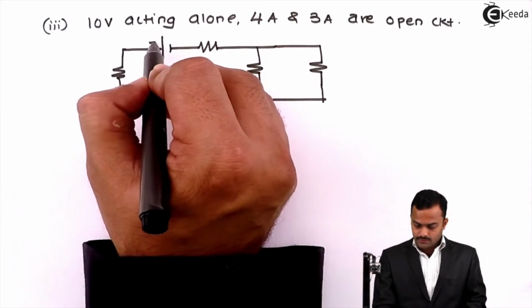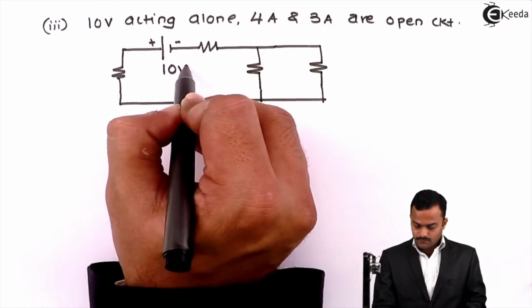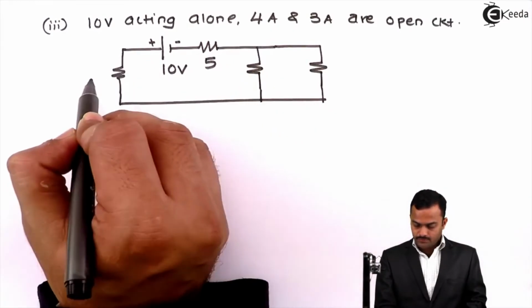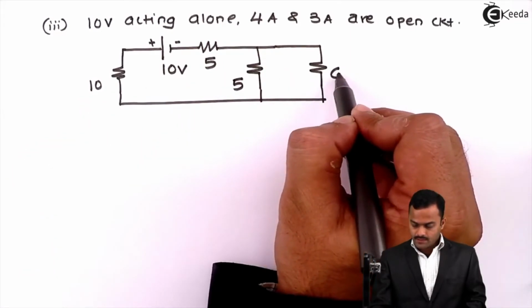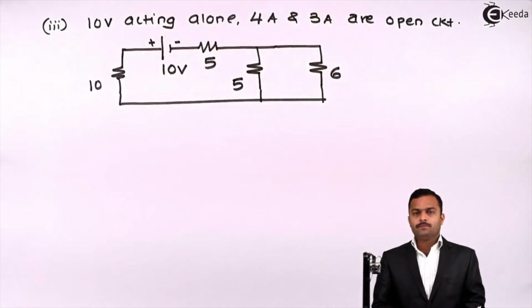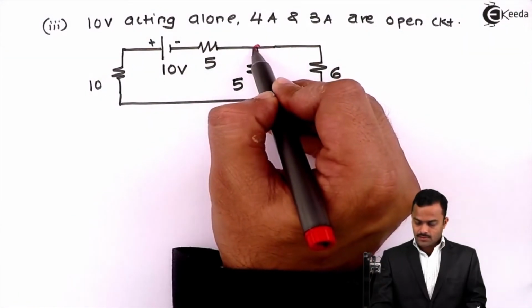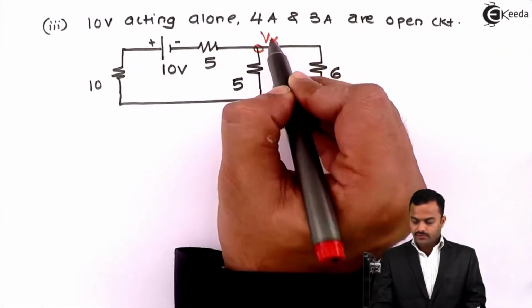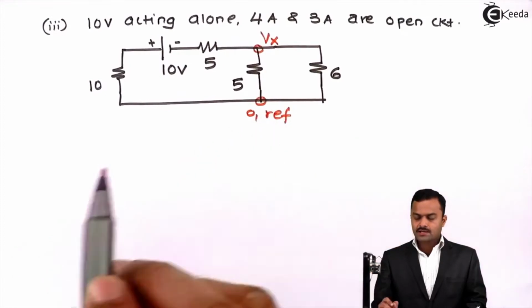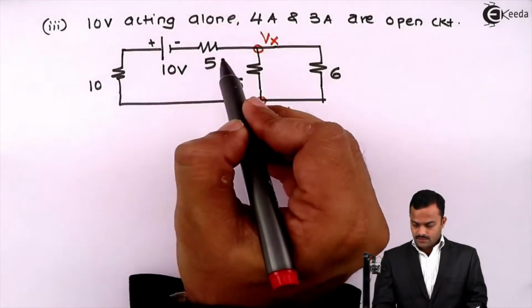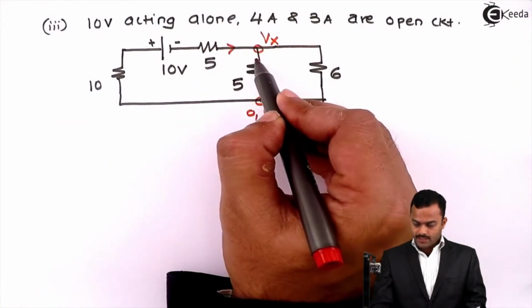This is a 10 volt, 5 ohm, 10, 5 once again, and this is 6 ohm. Here also we are going to apply nodal analysis, with this node having a potential Vx, and this is a reference node with potential 0. Currents I am assuming randomly.